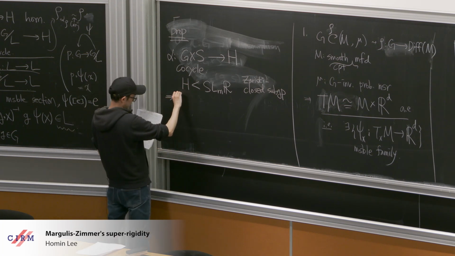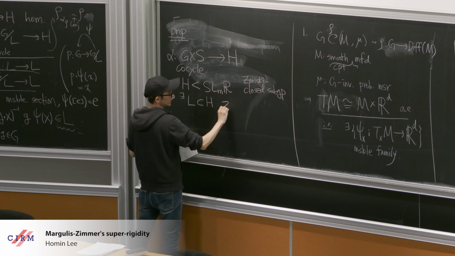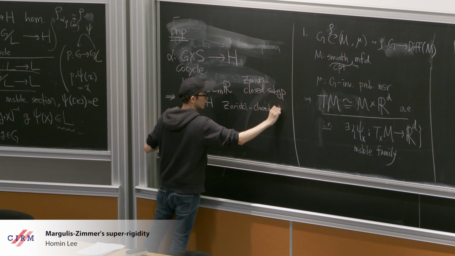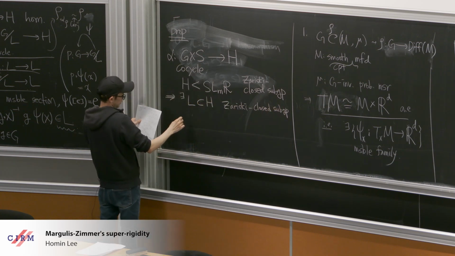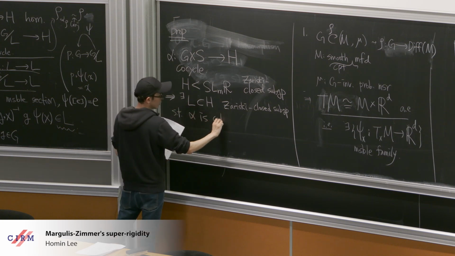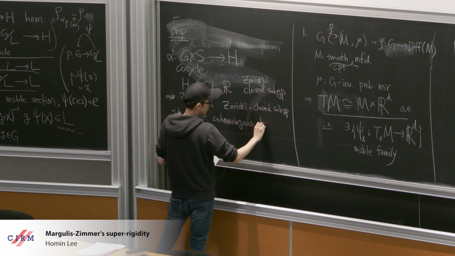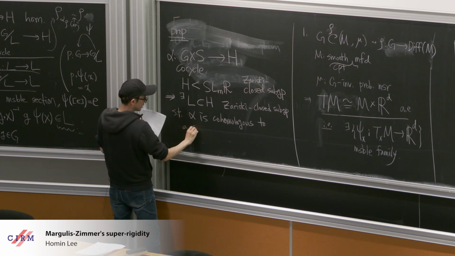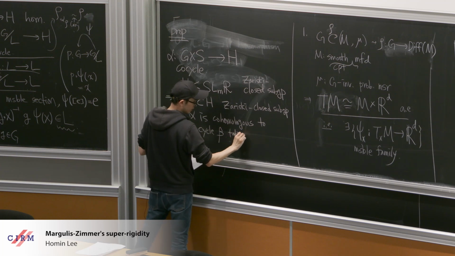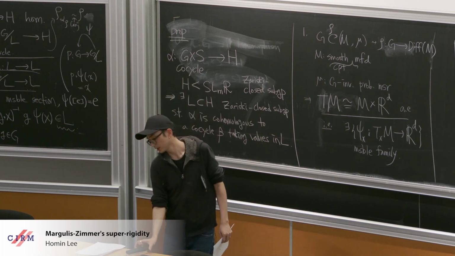Then there exists L inside H, which is again a Zariski closed subgroup, such that alpha is cohomologous to a cocycle beta taking values in L. This is the first statement.